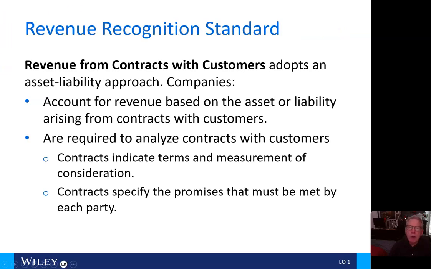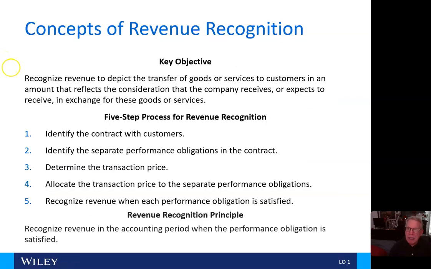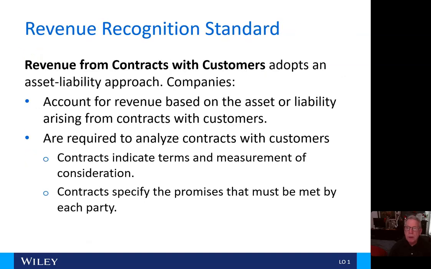Okay, Revenue from Contracts with Customers adopts an asset-liability approach. Companies, one, account for revenue based on the asset or liability arising from contracts with customers. Two, they're required to analyze contracts with customers. Sub-bullet one, the contracts indicate terms and measurement of consideration.